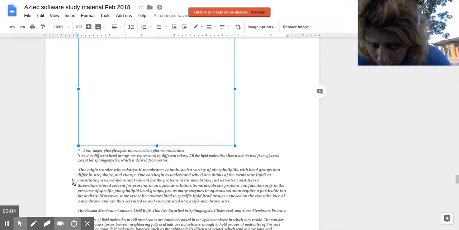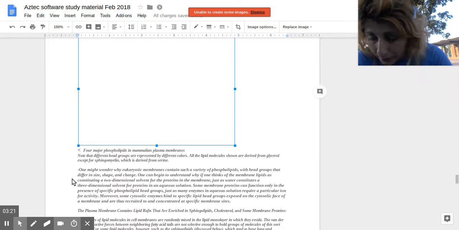Some membrane proteins function only in the presence of specific phospholipid head groups, just as many enzymes in aqueous solution require a particular ion for activity.